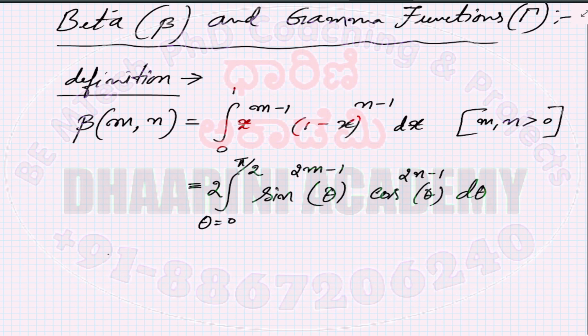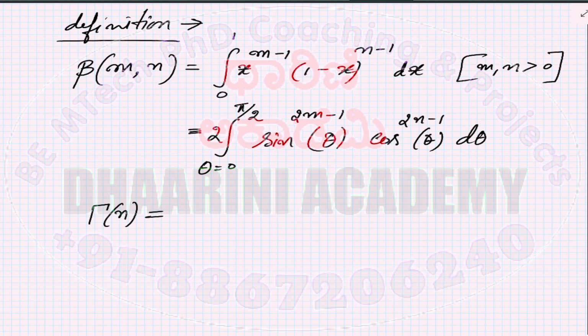Okay, that's the first thing. Very similar to this, I have another standard function, that is the gamma function. To write a gamma, I need only one variable, that is gamma of n. Gamma is a single variable function, beta is a two variable function. Very similar to the beta function, I have two representations. I can write the gamma function using two forms. One is a linear format which uses x, and the second format uses a different exponential notation.